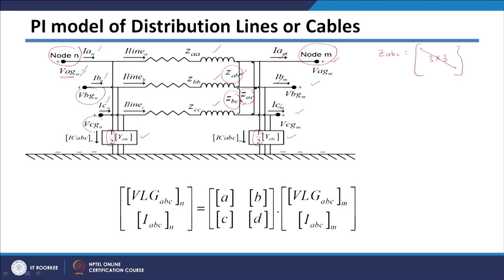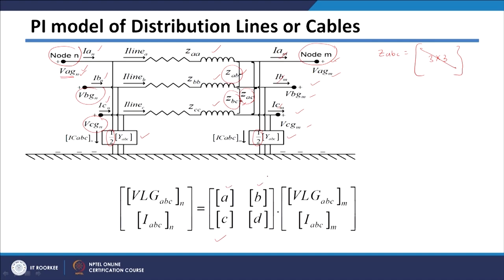VBGN and VCGN are the voltages on the source side, similarly voltages on the load side, and you can write them into compact form, which is like this, where these are the ABCD matrices.